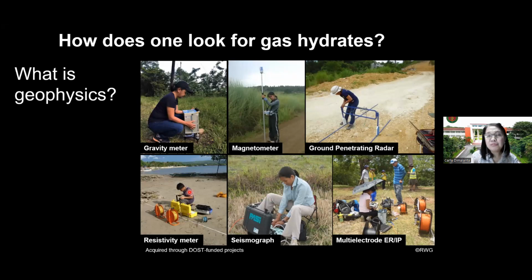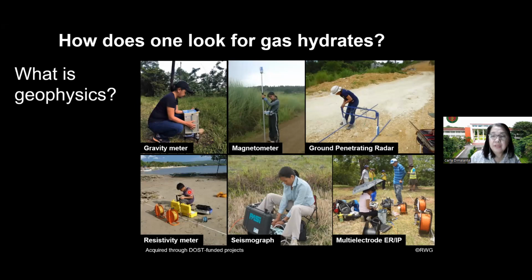You have to interpret or process the numbers that are produced by the instruments that you are using, and a careful processing transforms these numbers into what we call anomalies. And these anomalies are the things that allow us to get clues about the features that we're trying to look for.